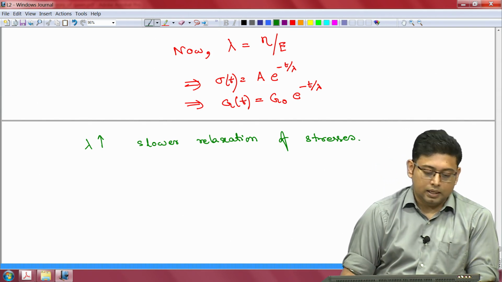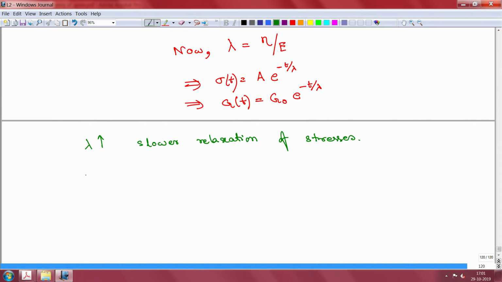And is this consistent? So, for solids, what should lambda be? It should increase, right, it should be a very, very large value.